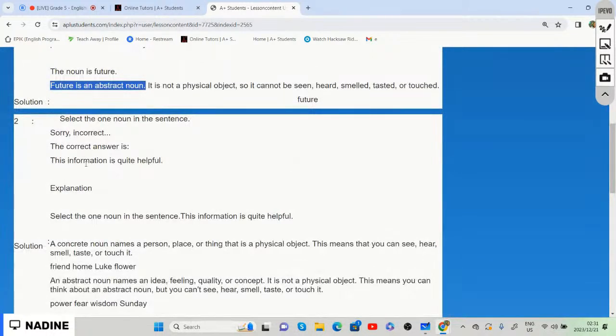This information is quite helpful. So we need to select the abstract noun within the sentence. Remember we said abstract nouns name an idea, a feeling, a quality, or a concept.